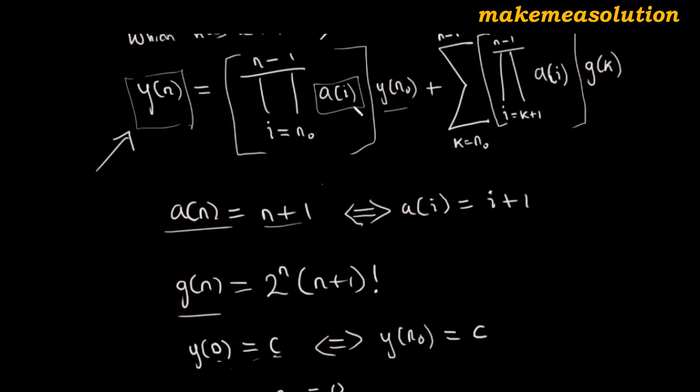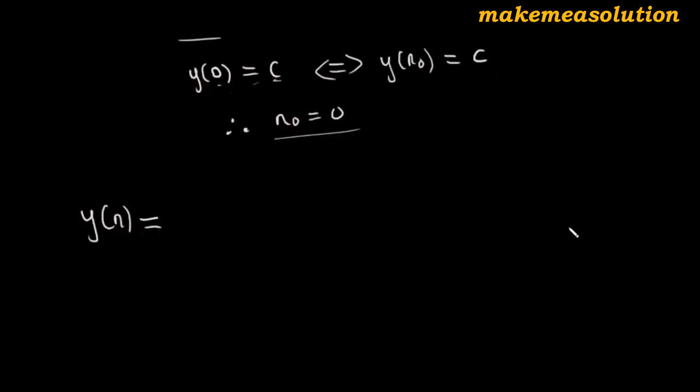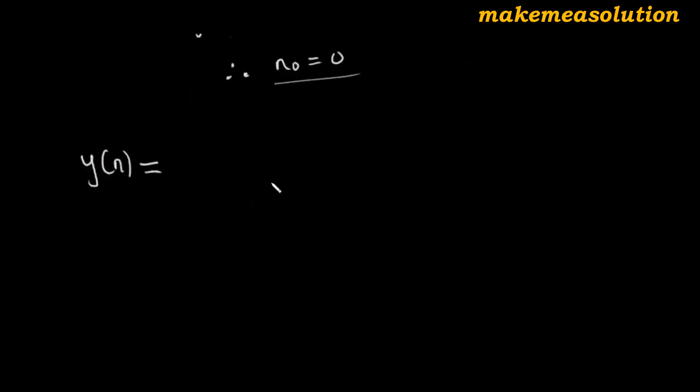The same thing happens when you get here. When you want to get g of k, you just have to replace every n with k. So you have 2 to the k times (k+1) factorial. So we've gotten what we want, and we can now replace it like this.